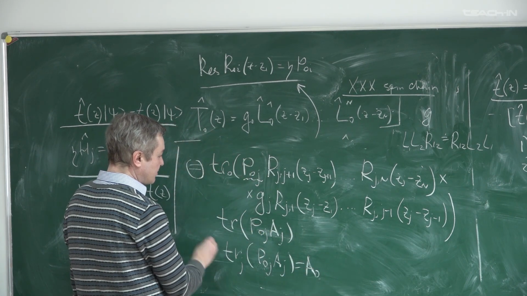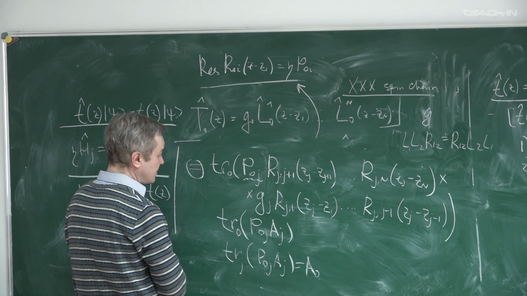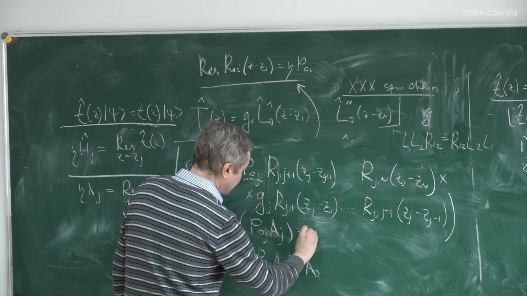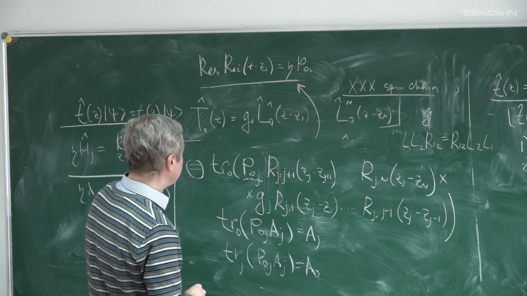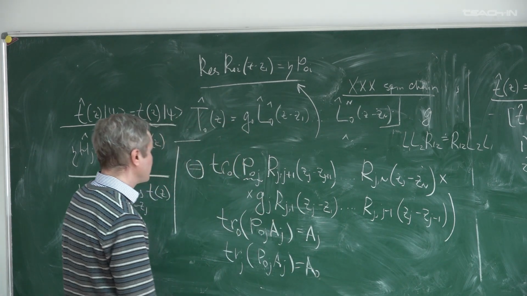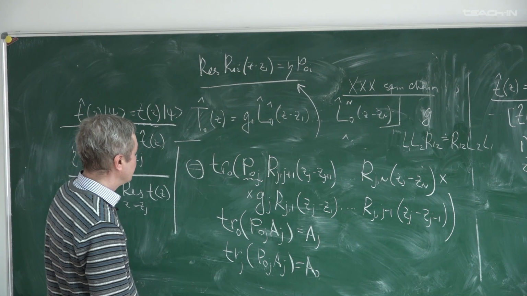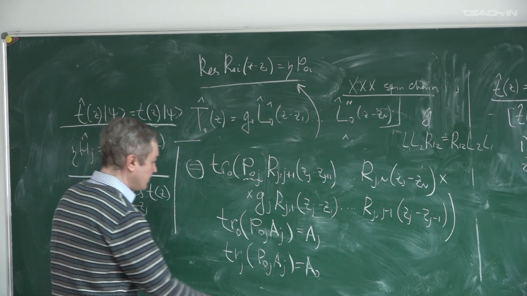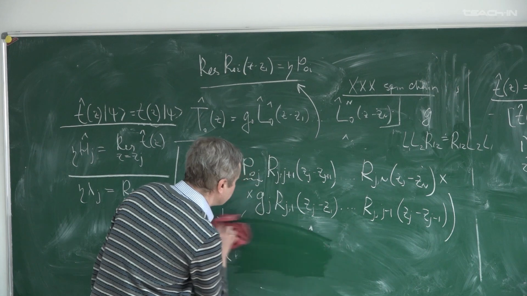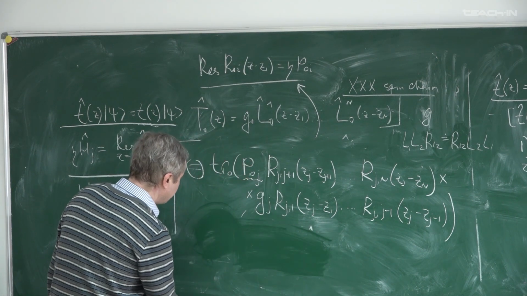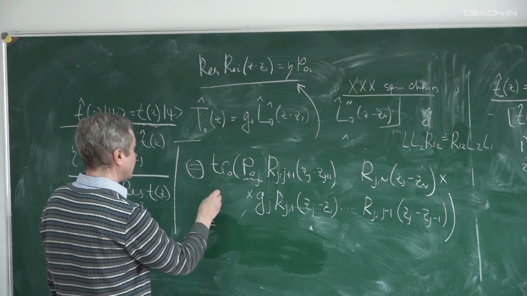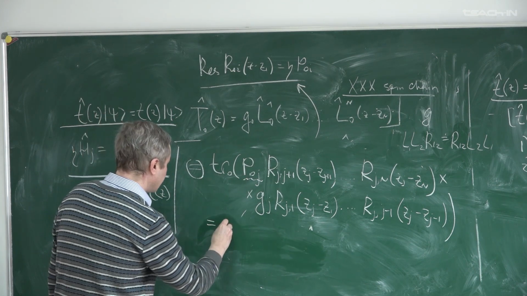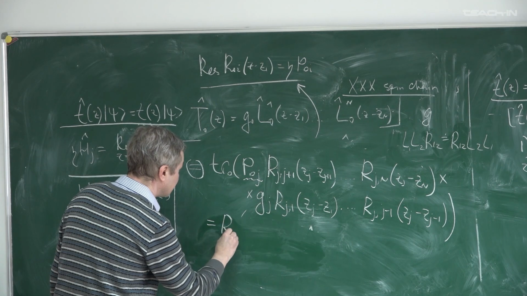But you may also compute this expression in the zeroth component, then you just obtain A in the jth component. So it's just the same. So I may just remove this operator from this product and remove this trace. And this is the final answer.